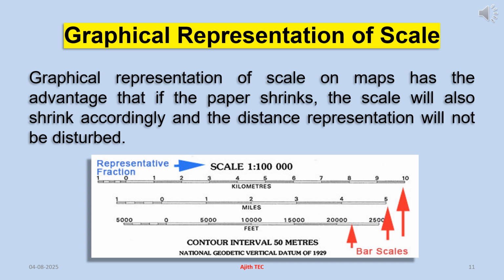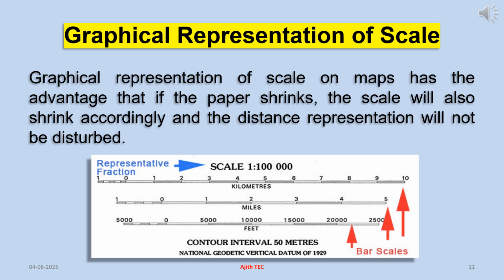Graphical representation of scale. A graphical representation of scale, also known as a scale bar or bar scale, is a visual tool used on maps and other drawings to show the relationship between distances on the drawing and corresponding distances in the real world. It's a line divided into segments, each representing a specific distance, allowing users to easily measure distances on the map and translate them to real-world distances.